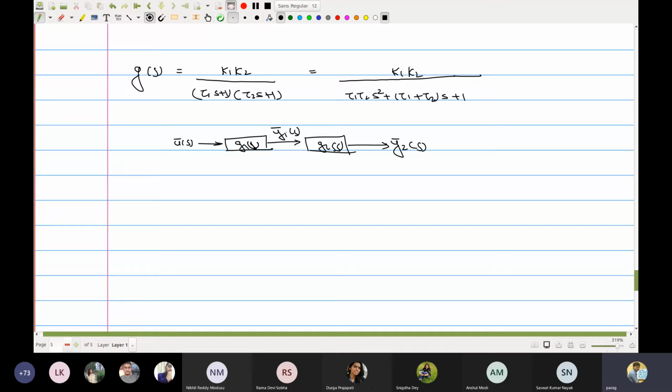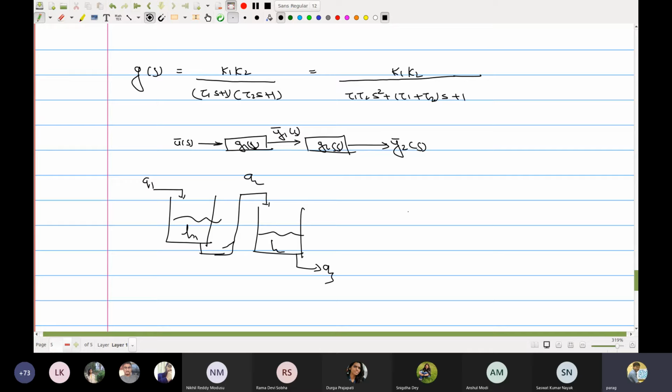Now consider the tank which looks like this, where you have input Q1. The output goes to the second tank and you get the output. So this is Q2, this is Q3. Level 1, level 2.